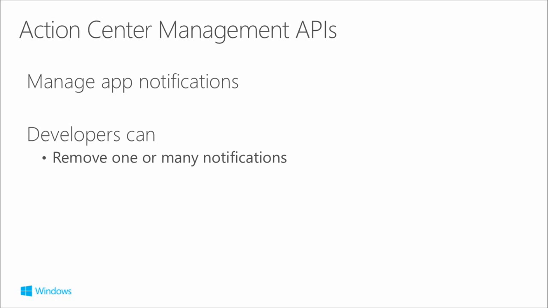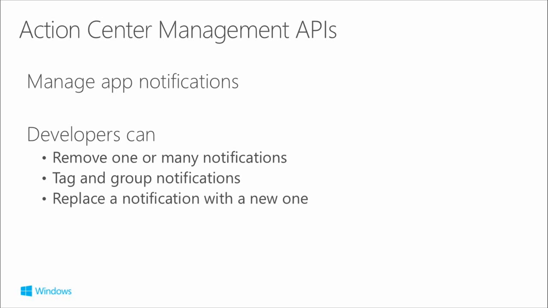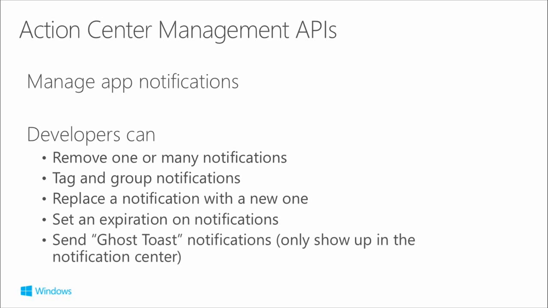Developers can remove one-to-many notifications. They can tag and group these notifications, and using these tags and groups, we can replace notifications with a new notification, we can delete notifications, we can set expirations on those notifications, and we can even send ghost toast notifications.